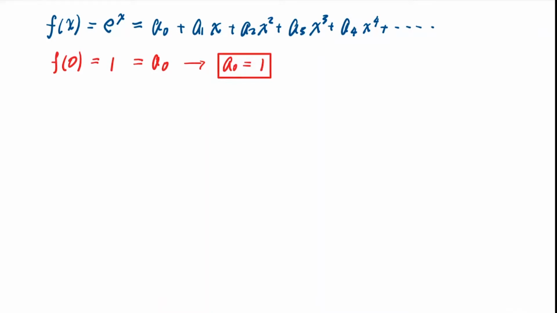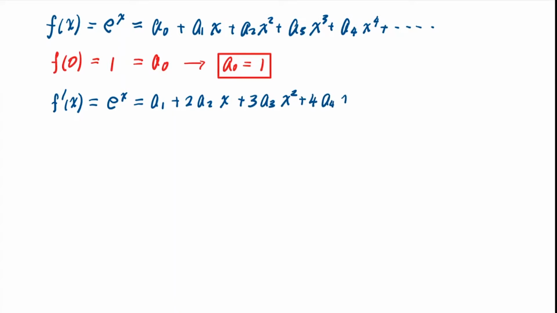This is a trick. We take a derivative of this thingy. The derivative of e to the x is still e to the x, good. If we take the derivative of the polynomial, that's very easy to do. This thing dies, so we have a1 plus 2a2x plus 3a3x squared plus 4a4x cubed plus, and so on.